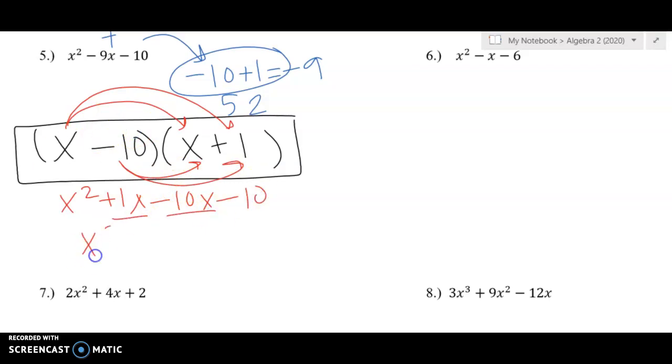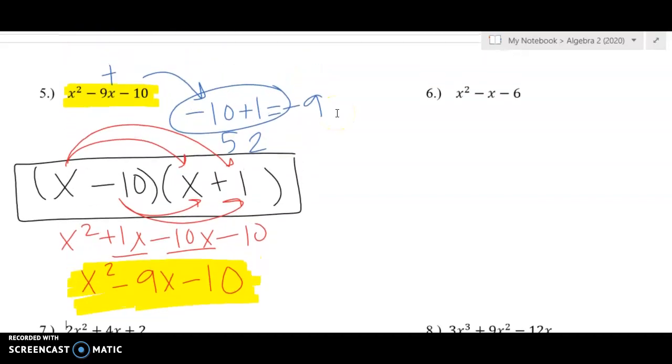I'm going to combine terms in the middle because those are like terms. And then just to show you where I started, I'm going to highlight it yellow. Where I started in the beginning and what I end up with when I check this should be an exact match. If they match those yellow pieces, that means that I did this correctly and my answer is right. So that's how you could check it again. Okay, number 6.